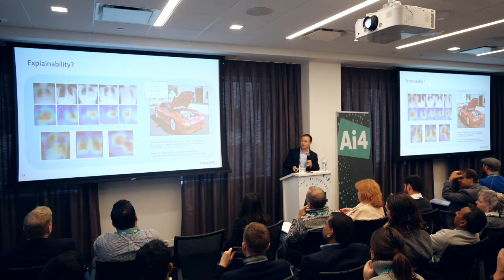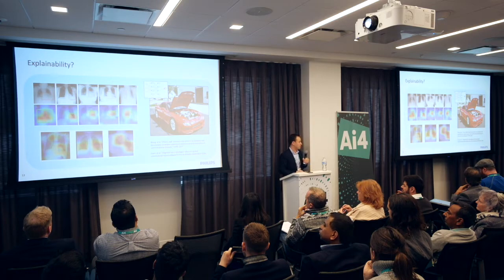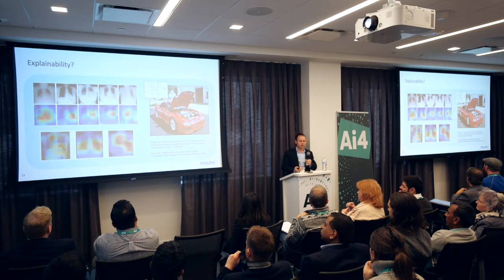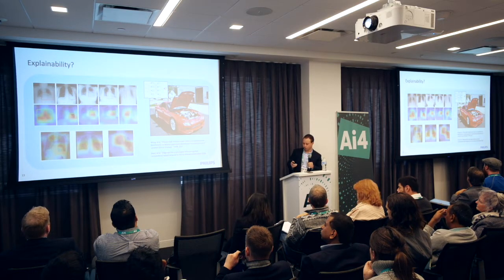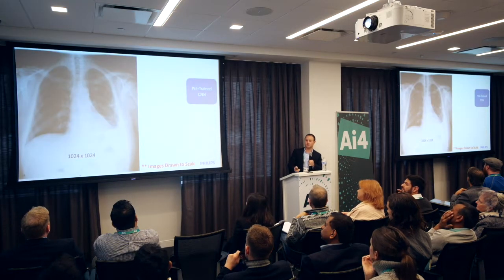The other thing that you might notice is that it's a very coarse heat map. So for that particular image, it's basically highlighting the whole lung region. So that's not actually very informative, I would say, and could actually distract from what's really going on. And there's a reason for this, and I'll get to that right now.